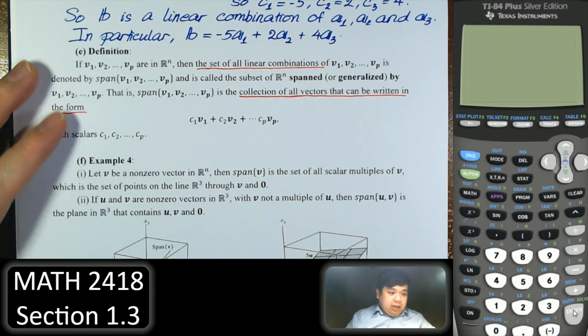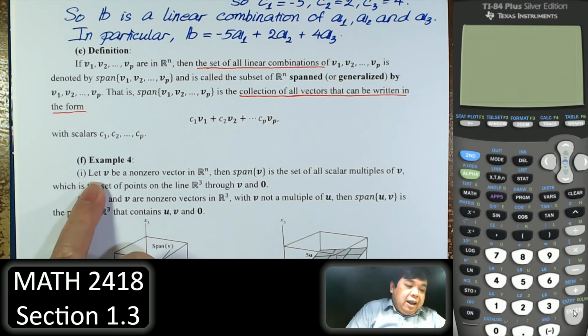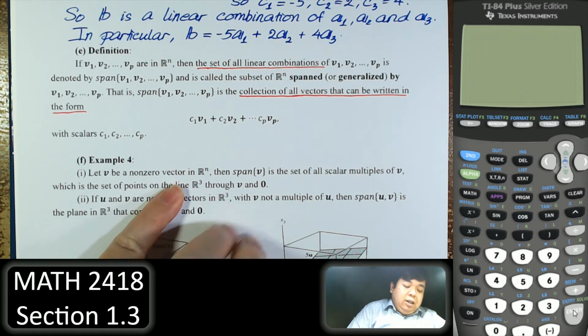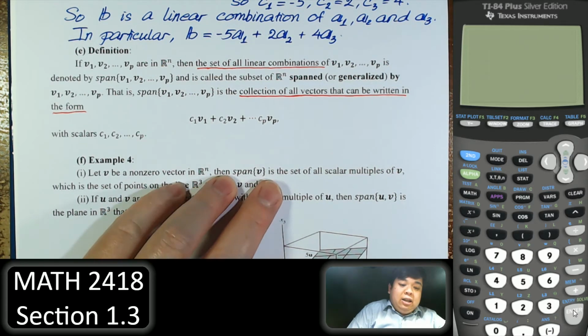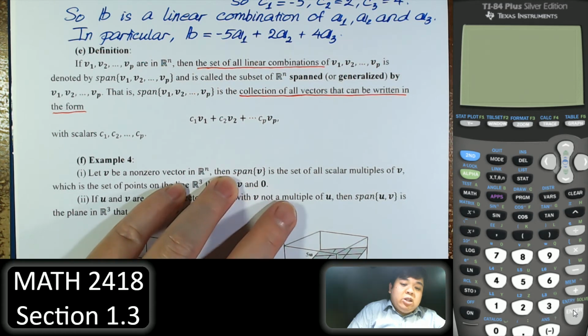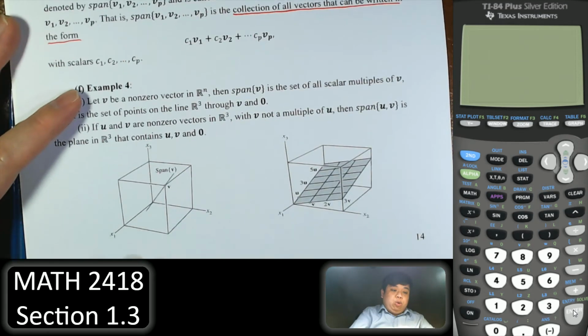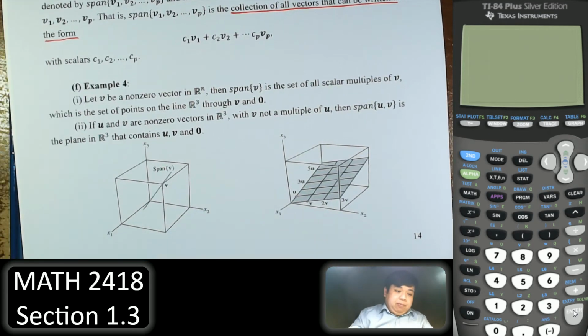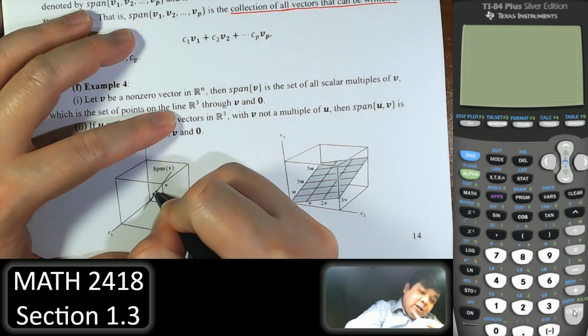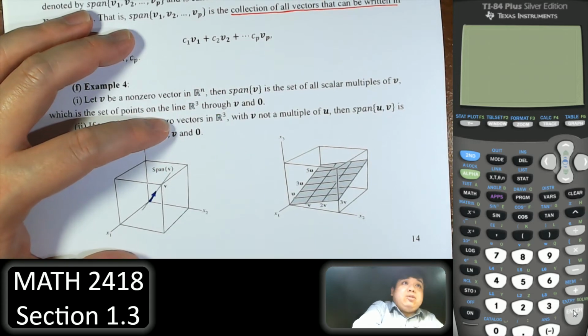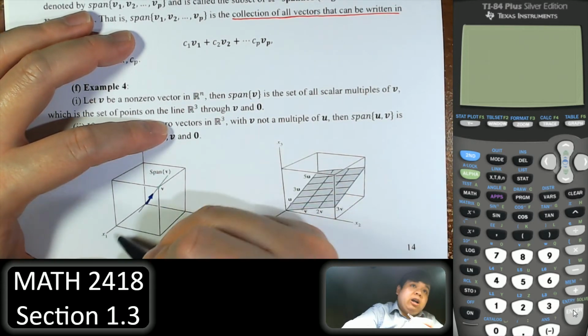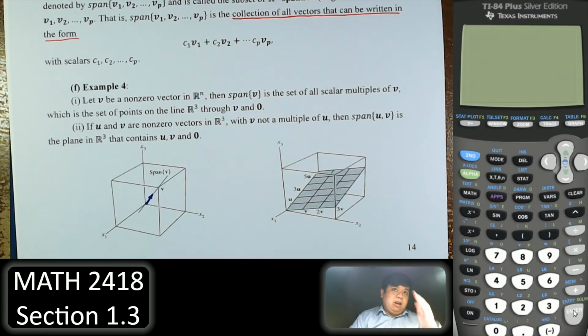Right. Here is an example. Let V be a non-zero vector in Rn, then the span of V is the set of all scalar multiples of V. So we have three-dimensional space, and let's say vector V in this direction. Then the span of the vector V is the whole line. We can go forward and backward on that line.